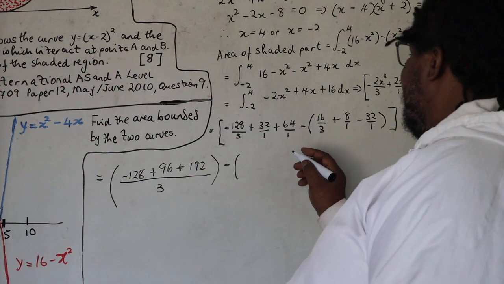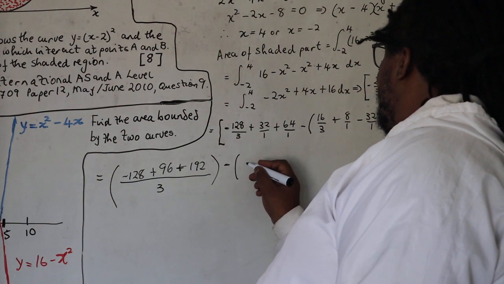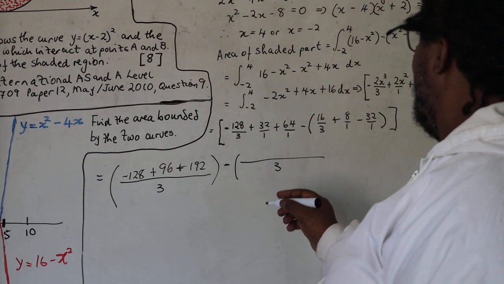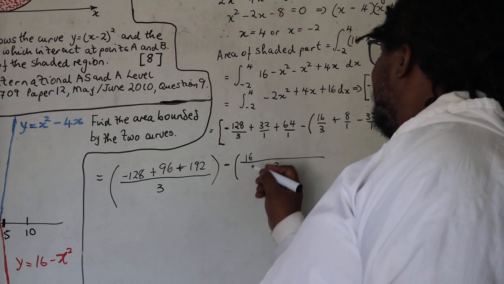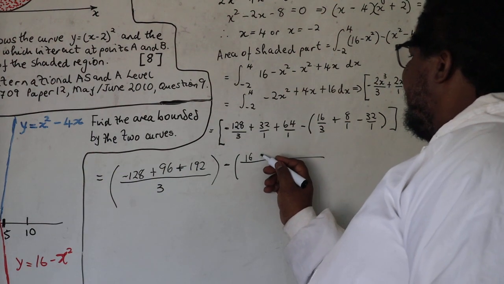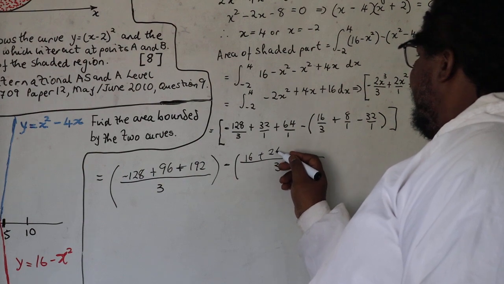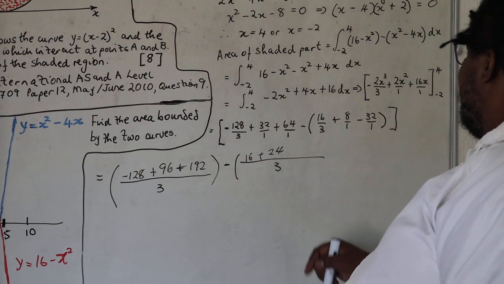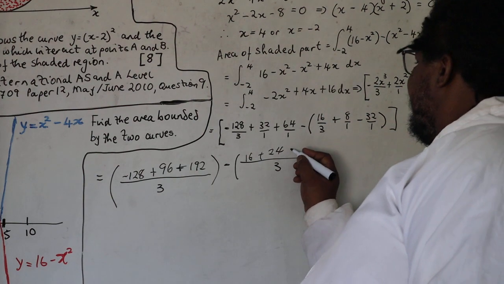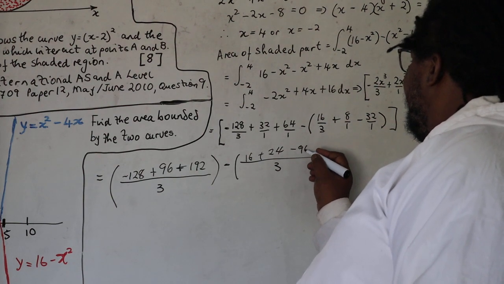Our common denominator is 3. And we say 3 into 3 is 1 times 16 gives us 16. 1 into 3 is 3 times 8 gives us 24. 1 into 3 is 3 times minus 32 gives us minus 96.